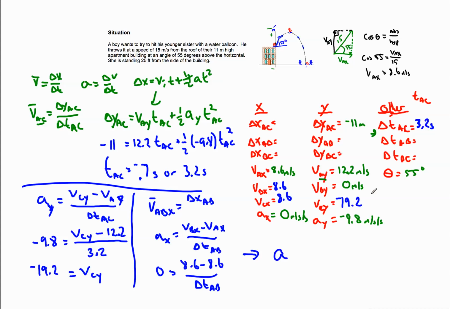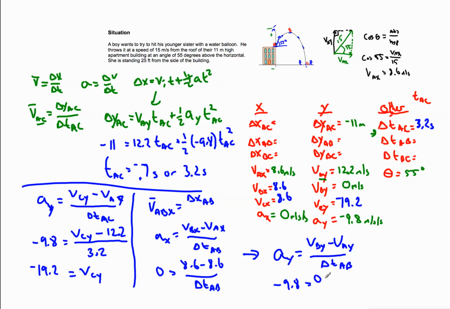Instead, to find that time from A to B, let's use the y acceleration equation and go velocity B, y minus velocity A, y, over delta t A to B. This is negative 9.8.